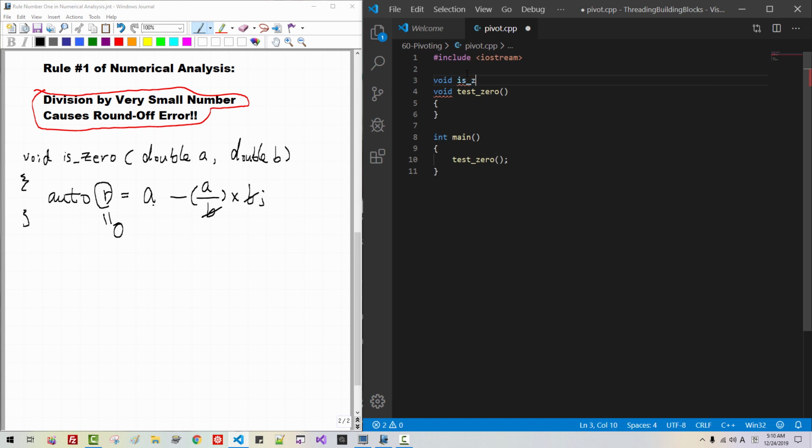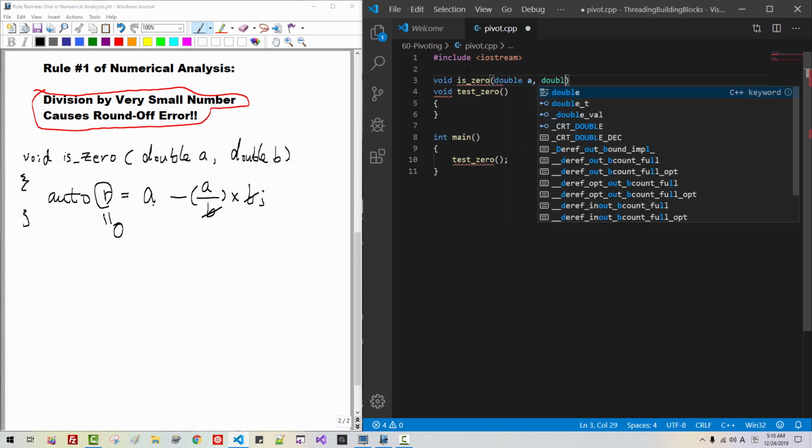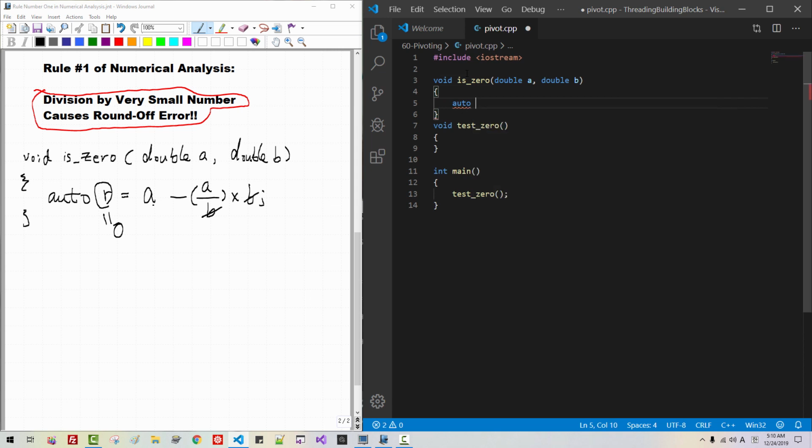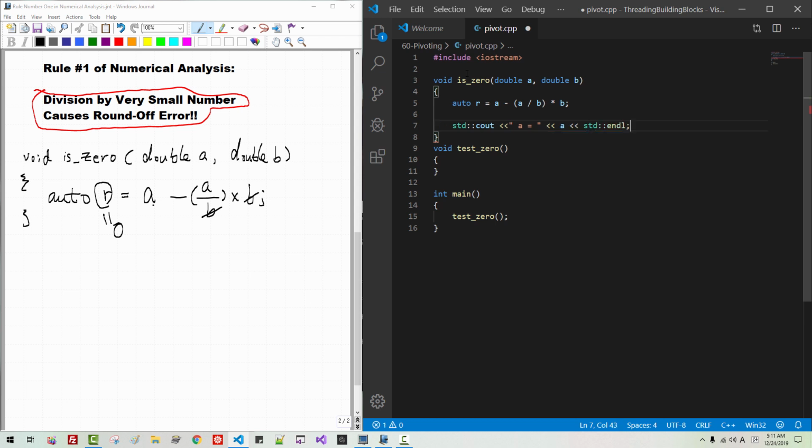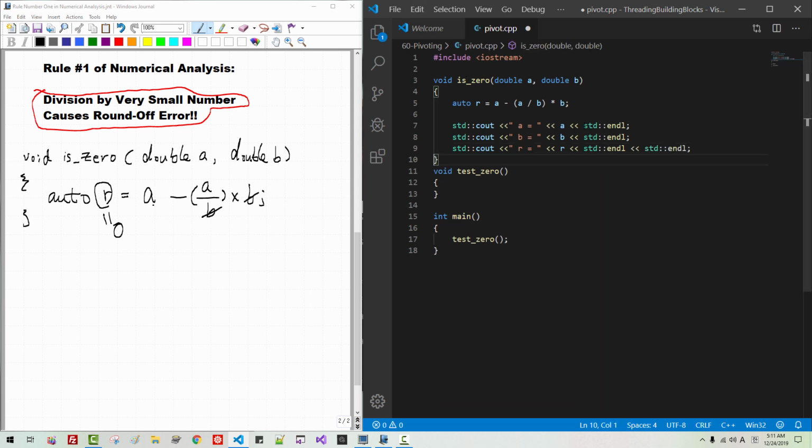Void is0, double A, double B, R = A - (A / B) * B. std::cout A equals A, and there I will copy once again B, B, R, R, and there. I created the is0 function.